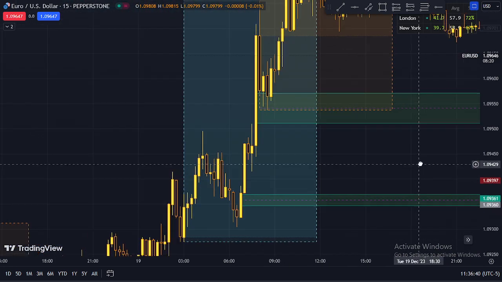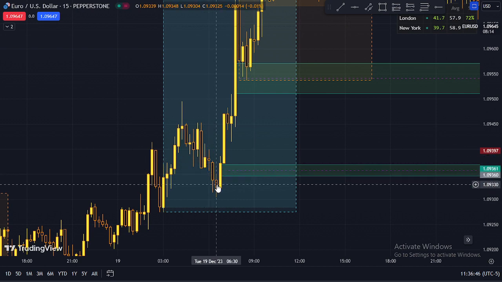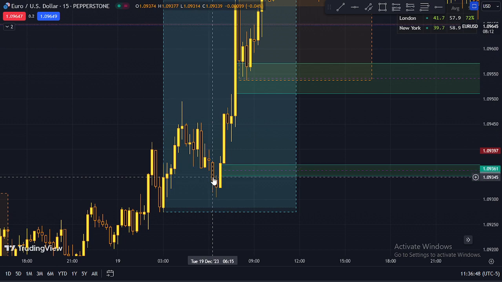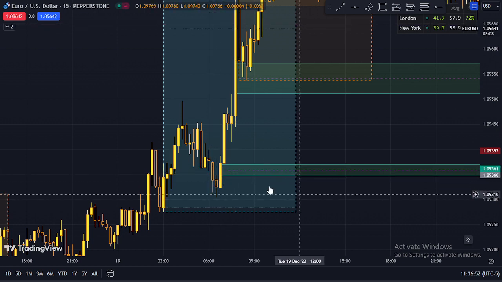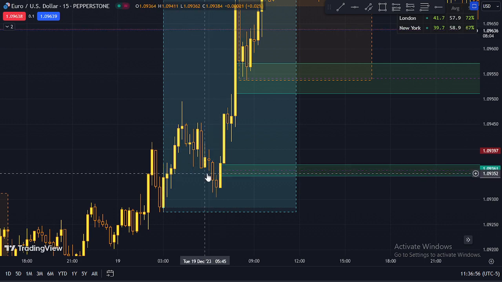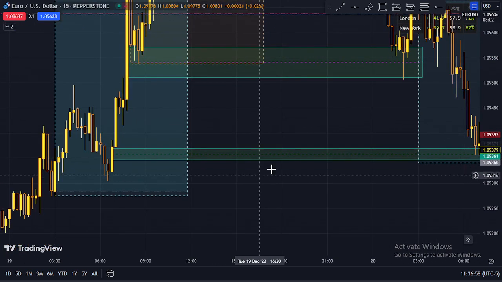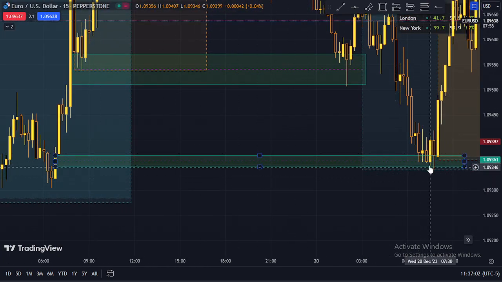Let me zoom in a bit. From this candle's low to this candle's high, there's a gap. That could be an inversion fair value gap, which you could use even if you didn't use this one. Extend it forward, and as you can see, price respected that.